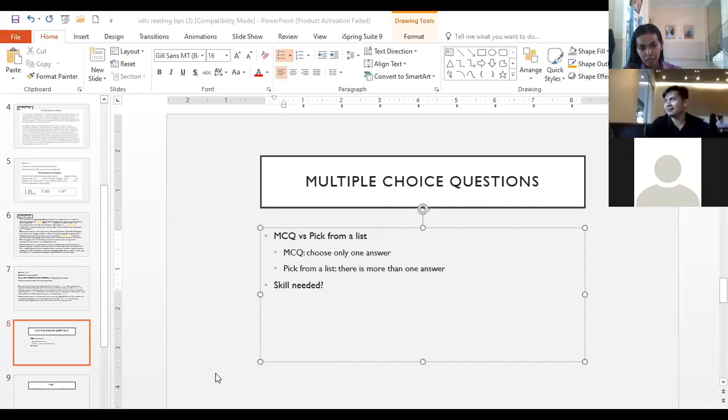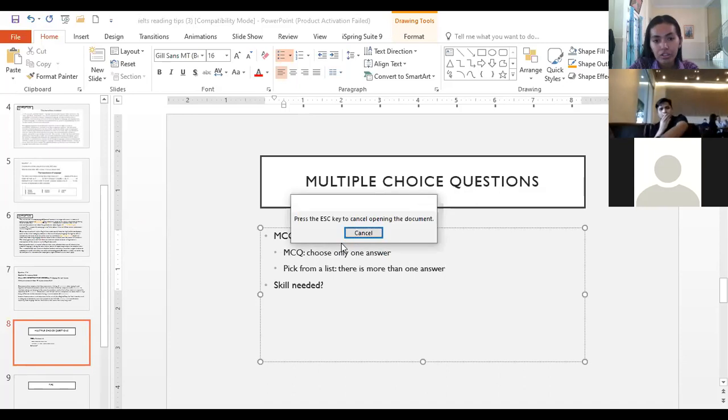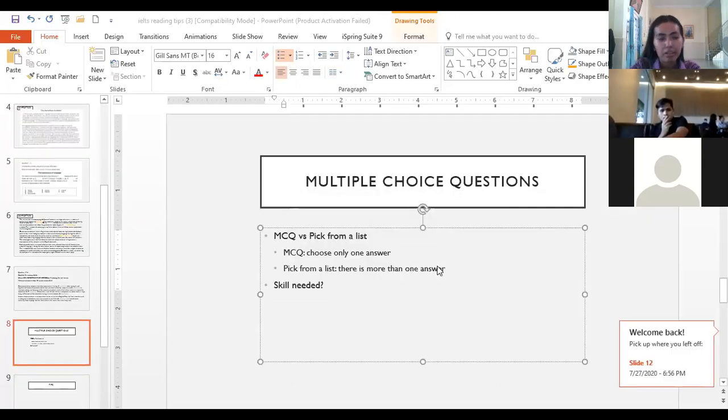But the real questions that you have to look at is the sentence format on top. So that's the difference as well, because in MCQ you will see questions and you will need to pick the answer. But in picking from the list, the questions are sometimes given to you in a sentence format statement.